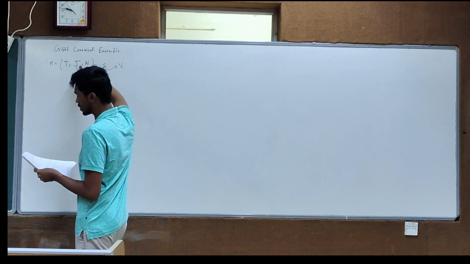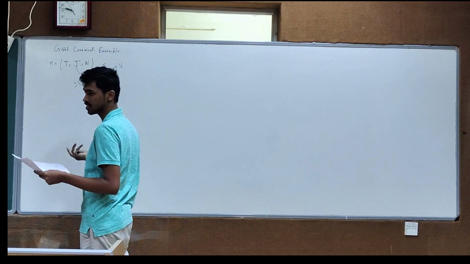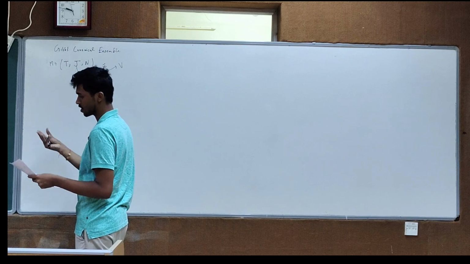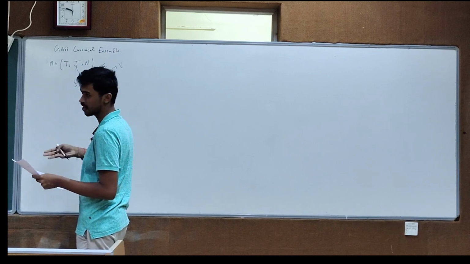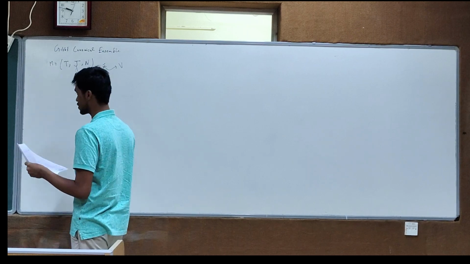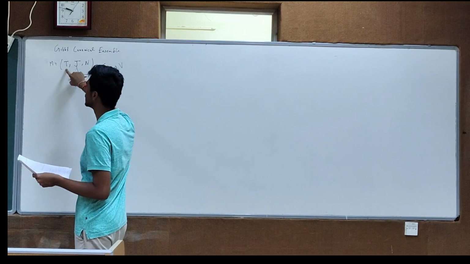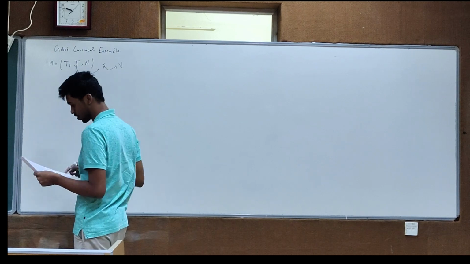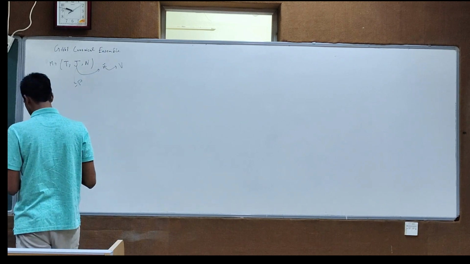So in this, your force is kept constant and your X is a random variable, and it can vary, just like your energy was varying when you kept your temperature constant.